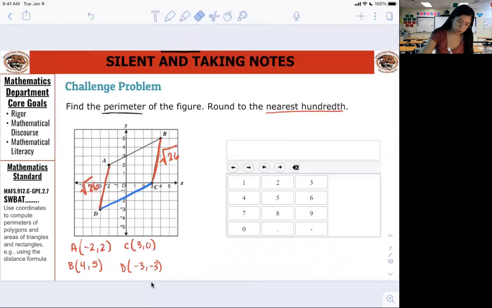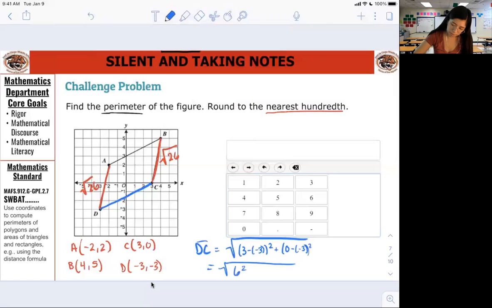Then I do the other one, DC. DC is going to be 3 minus negative 3 squared plus 0 minus negative 3 squared. That's 6 squared plus 3 squared. 36 plus 9. 45.